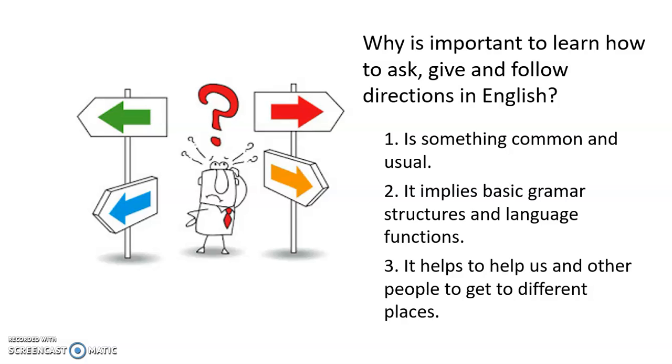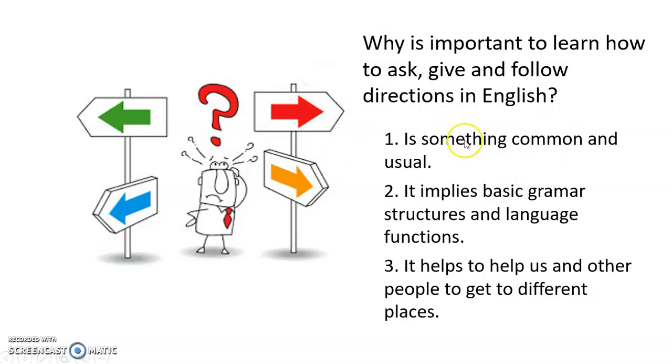So I'm going to give you 3 reasons that we English teachers consider important, so that we are always revisiting this topic when we are teaching English to someone else. Okay? Why is it important to learn how to ask, give, and follow directions? There are a lot of reasons, but 3 of them that we can think of are these.